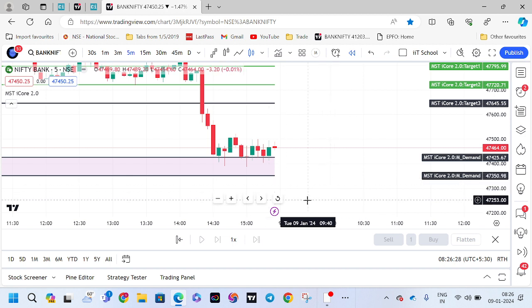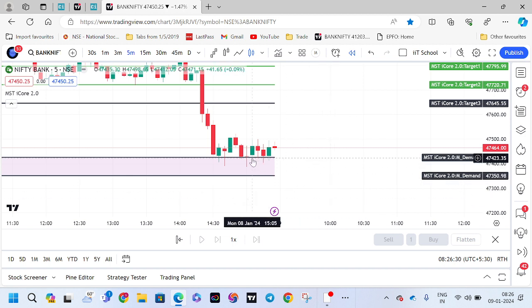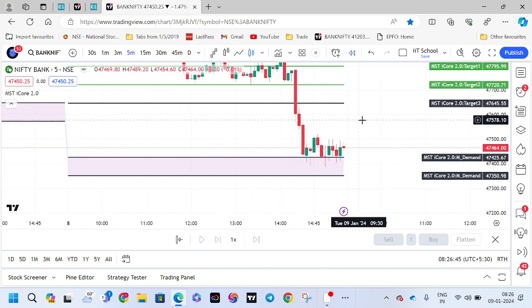Otherwise, the market will go 200 points down, or 200 points up. Whatever happens, it will happen. But for safety, we have taken a small quantity of the 47,400 call option of this week's expiry. Hope the point is very clear.